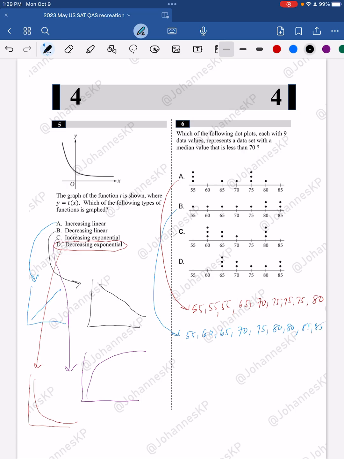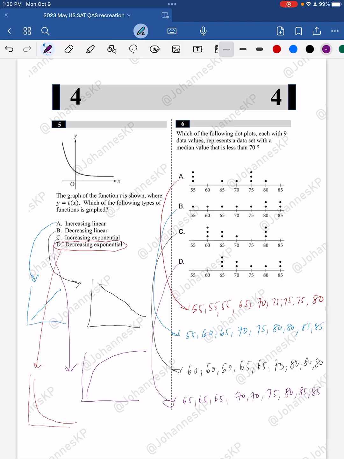For the third option, we have no 55, 3 60s, 2 65s, 1 70, no 75, 3 80 values. Then for the last option, we have no 55, no 60, 3 values of 65, 2 values of 70, 1 value of 75, 1 value of 80, and 2 values of 85.